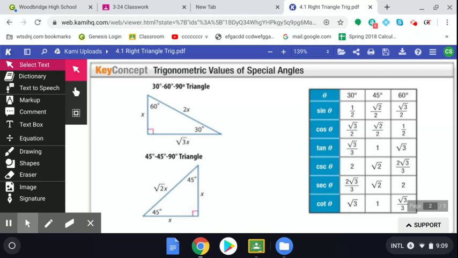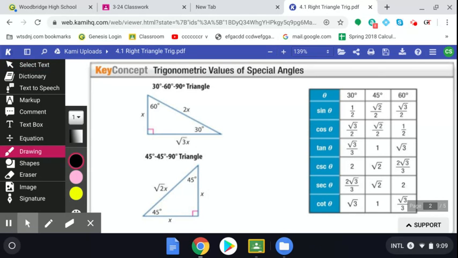In geometry, you should have learned about special right triangles. There are two kinds, a 30, 60, 90 triangle and a 45, 45, 90 triangle. And at some point, you should have learned that the ratio of the sides in a 30, 60, 90 triangle is always: the long leg is going to be the short leg times the square root of 3, and the hypotenuse is always 2 times the short leg, so 2x.